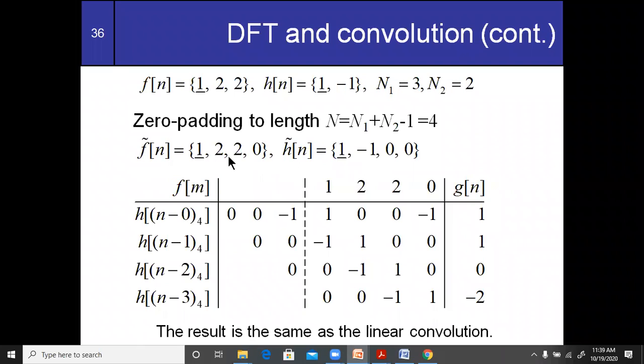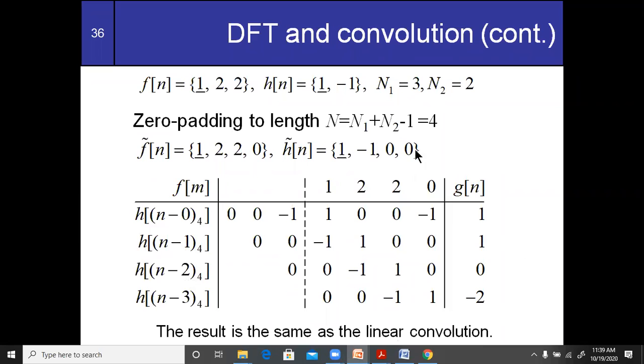So now having written this, we can write 1, 2, 2, 0 over here, and then this value of 1 minus 1, 0, 0 is to be written at a place. Correspondingly, you can write this quantity, h of n minus 0, 4, h of n minus 1, 4, h of n minus 2, 4, and h of n minus 3, 4, right?